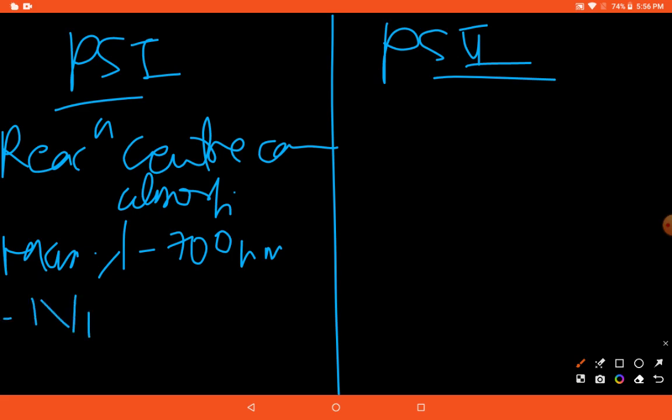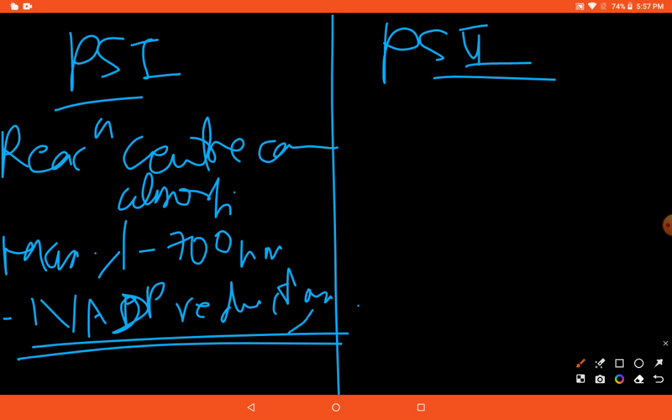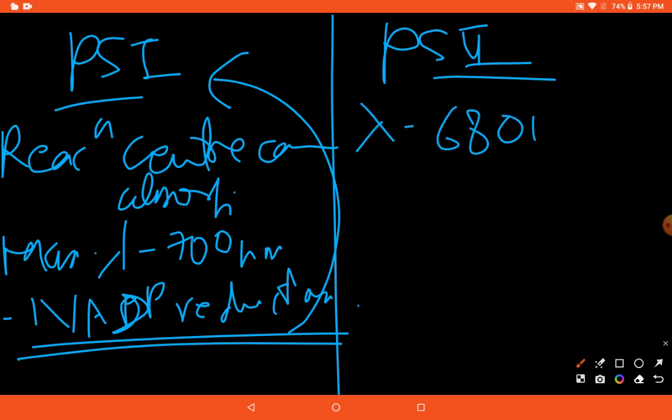And it is the NADP reductase. This question is asked. Which is the NADP reductase? Always PS1 is the NADP reductase. Now PS2 maximum wavelength is 680 nanometer, and I told you, it is along the appressed granum thylakoid, along the lumen.